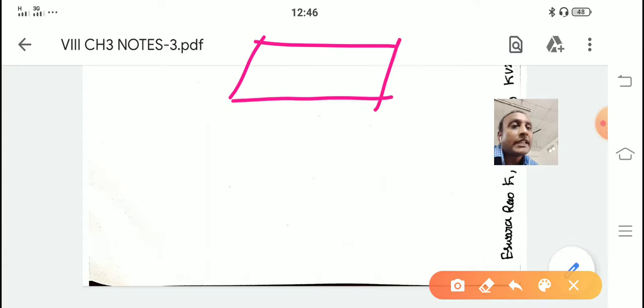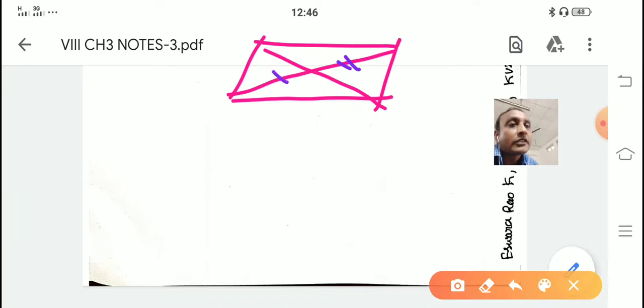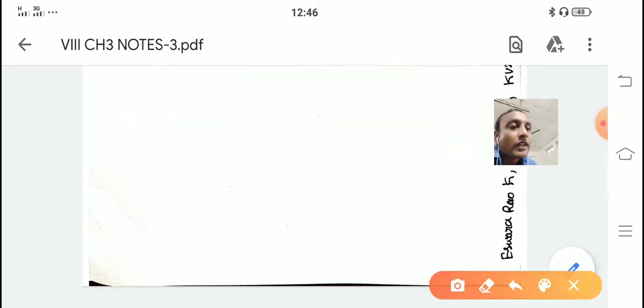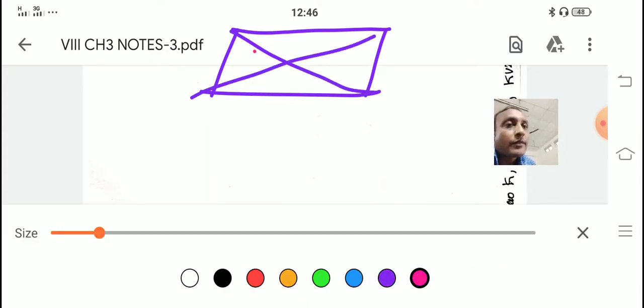Parallelogram: the diagonals bisect each other, these two are equal, these two are equal. Okay. If you take the rhombus, once again, parallelogram: diagonals bisect each other, these two are equal, these two are equal.